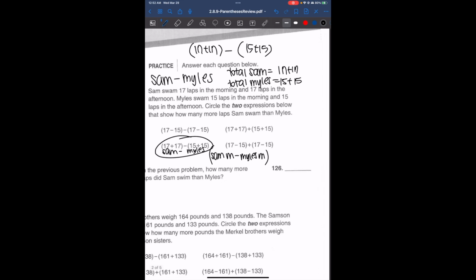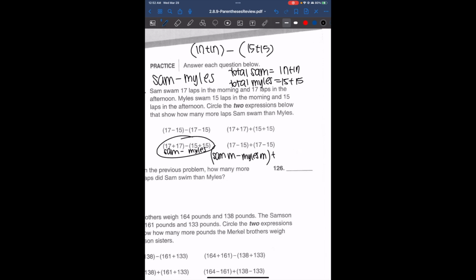That's the total morning. And then we're adding the differences instead of subtracting. And then we're doing Sam afternoon minus Miles afternoon. And so that is basically going to be 17 minus 15 plus 17 minus 15. So these two are the ones that are going to work.